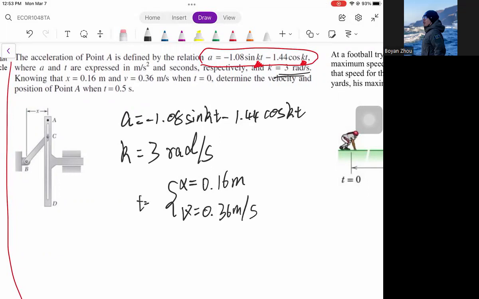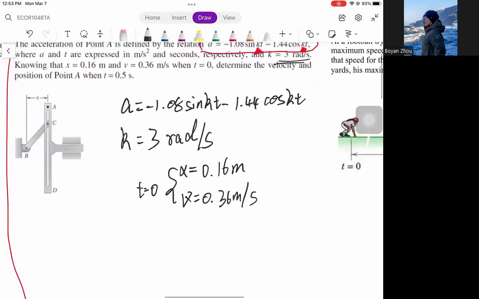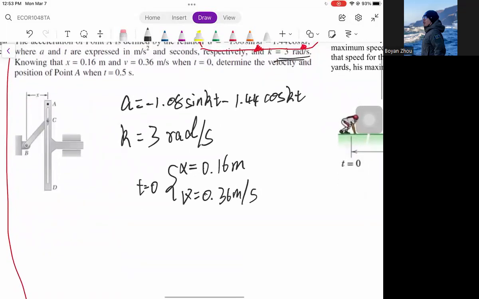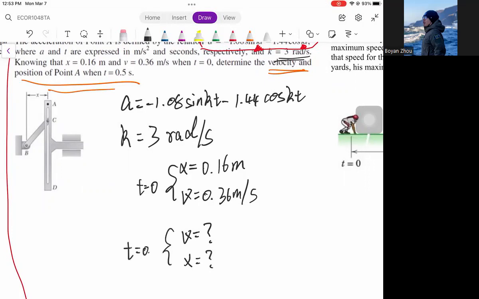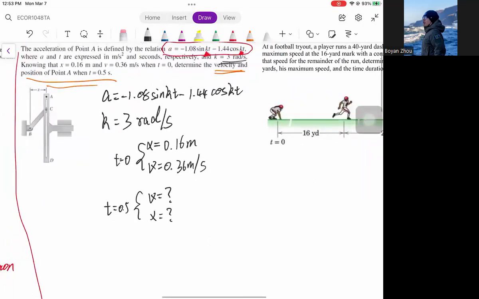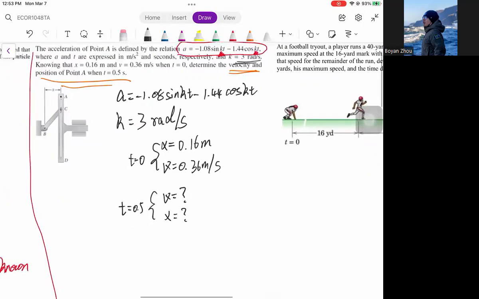And that is at the very beginning, so t is equal to 0. And the unknown, the one we're looking for, is the velocity and the x when t is equal to 0.5 seconds. Okay, so that is the thing we're looking for.